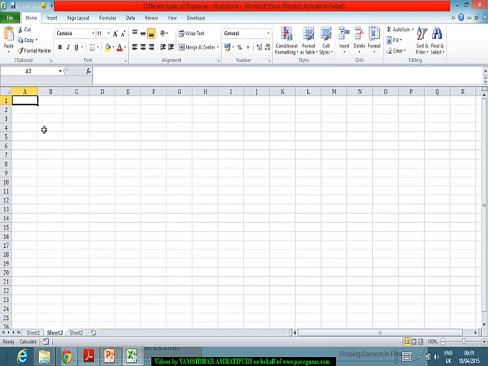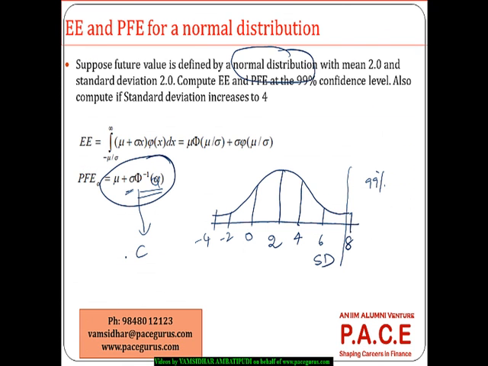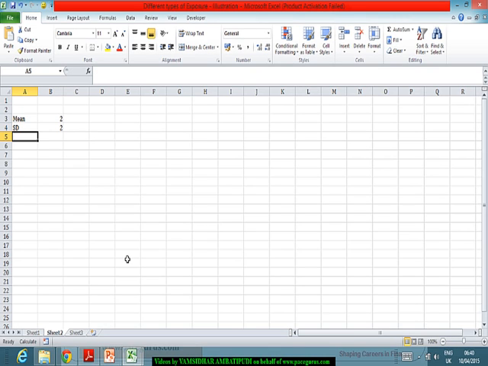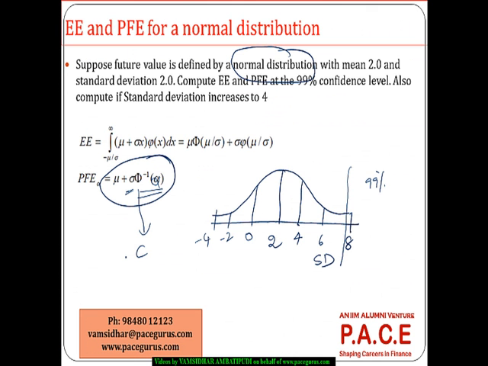I'll take the mean, which is mu, which is 2. Then the standard deviation, which is also given as 2. Fair enough? Now I'm interested in finding out the 99% confidence interval.